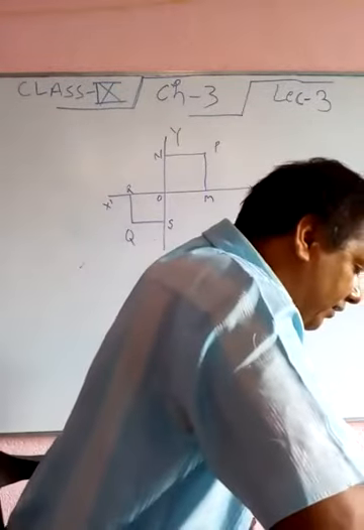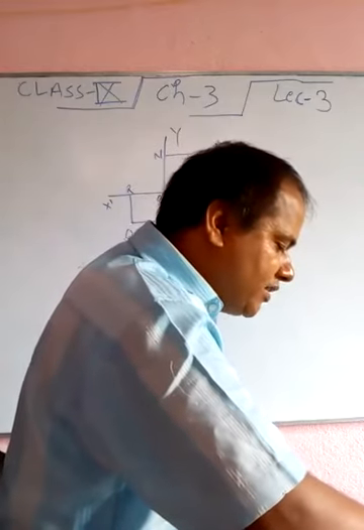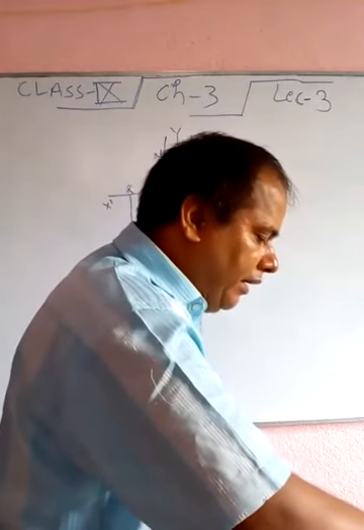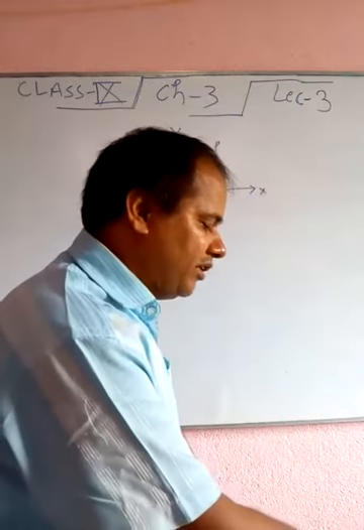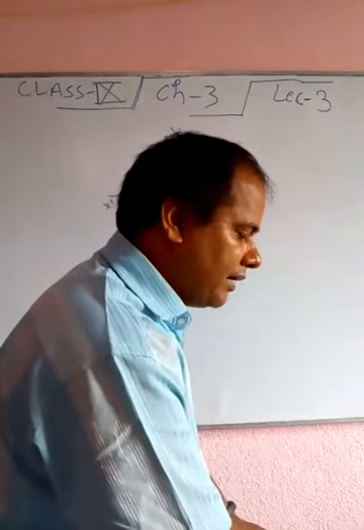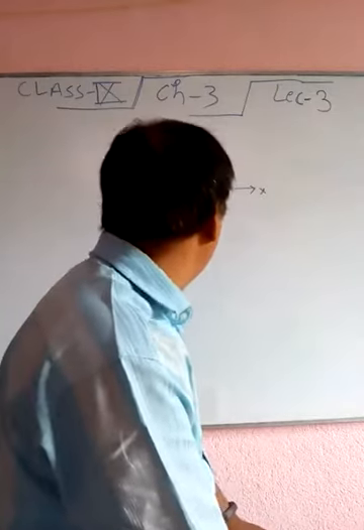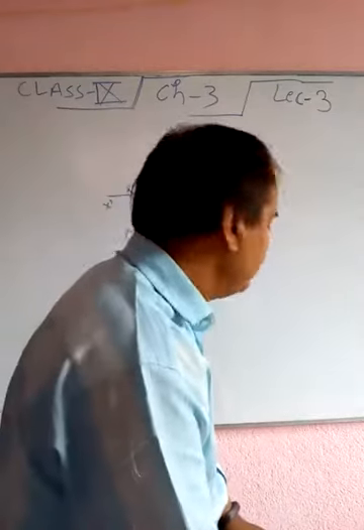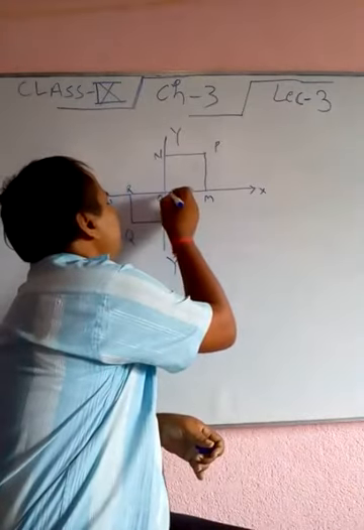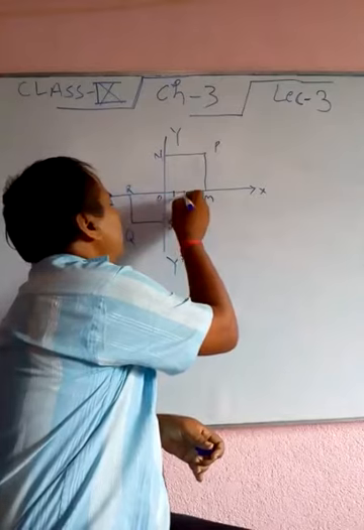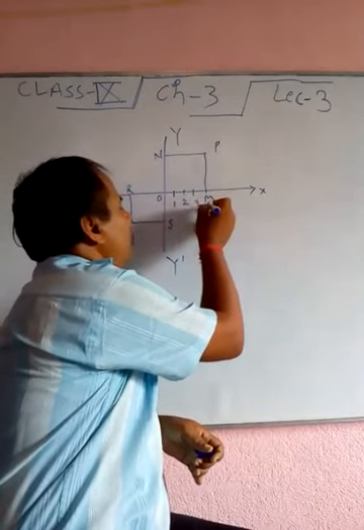You find that, number one, the perpendicular distance of the point P from the y-axis measured along the positive direction of the x-axis is PM is equal to OM is equal to 4 units. So you have to put the marking also: this is 0, then 1, 2, 3, and here it is 4.